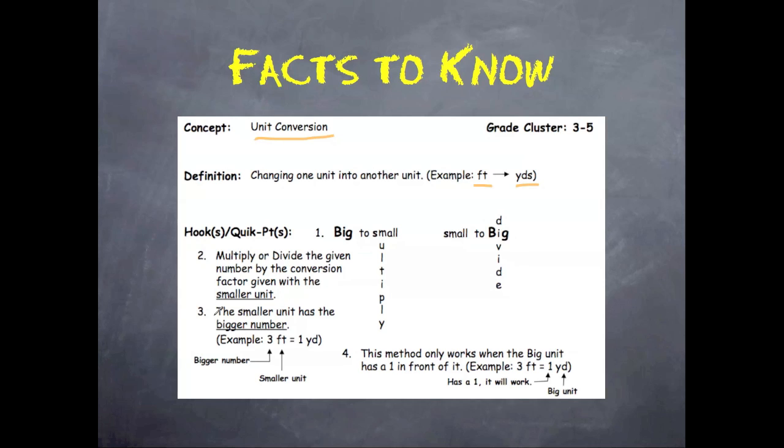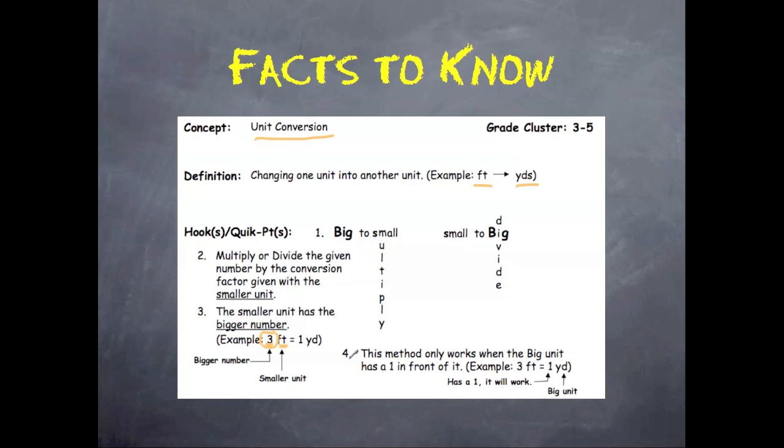So in this case, point 3 tells us how to decide which number this is. So the smaller unit has the bigger number. So for example, if we have 3 feet equals 1 yard, 3 feet has the bigger number. So feet is the smaller unit. That means our conversion factor is 3.